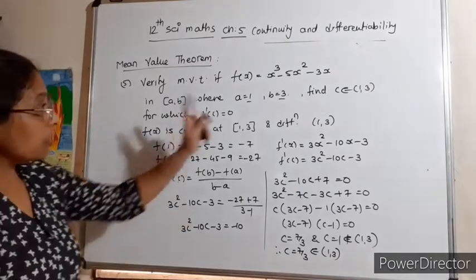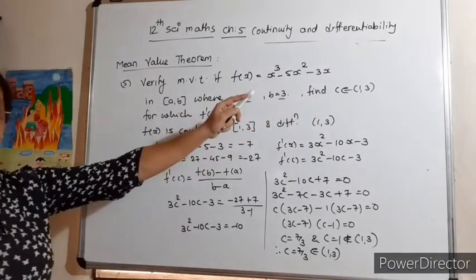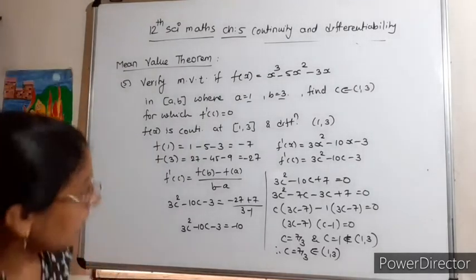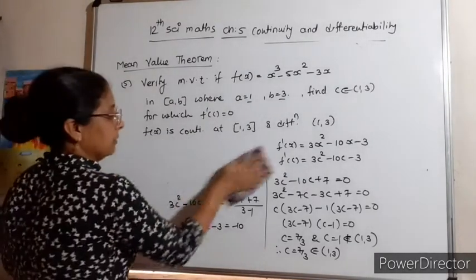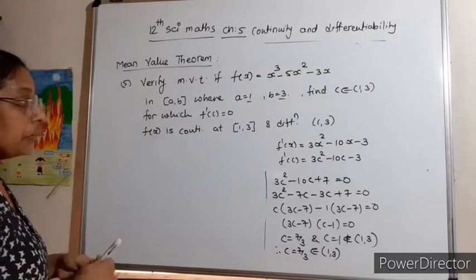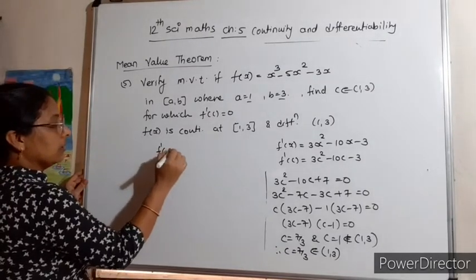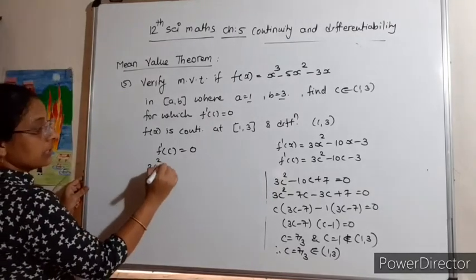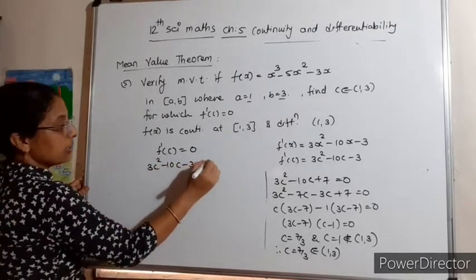Now also you have to find c belongs to (1, 3) such that f dash c equal to 0. So if you take f dash c equal to 0, that is 3c square minus 10c minus 3 equal to 0.